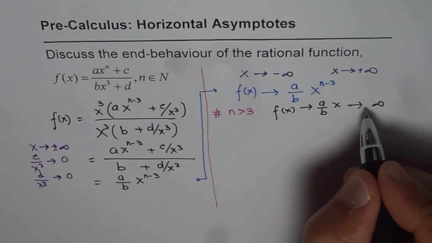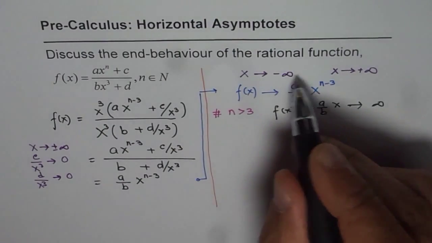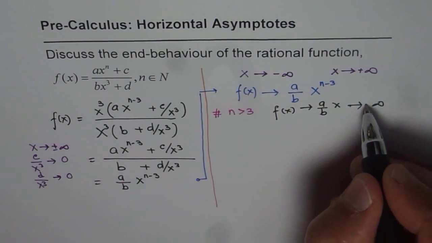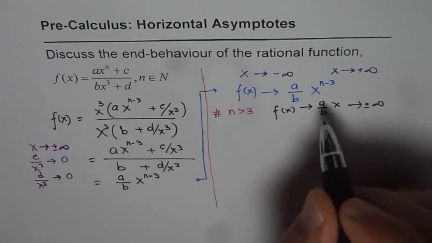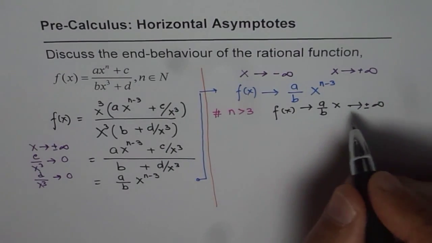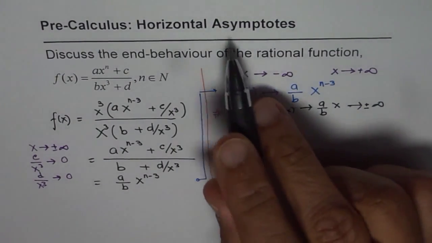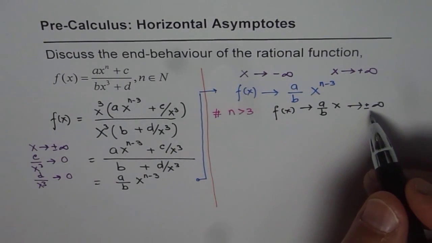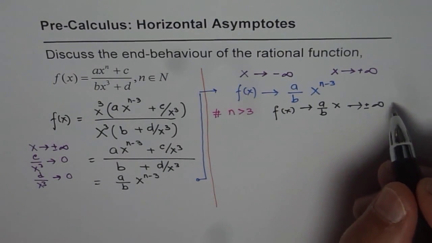So what I'm trying to say is it is unbound. It could be plus or minus, either way it is a very large value. So we say in this case there is no horizontal asymptote. The function is increasing unbound.